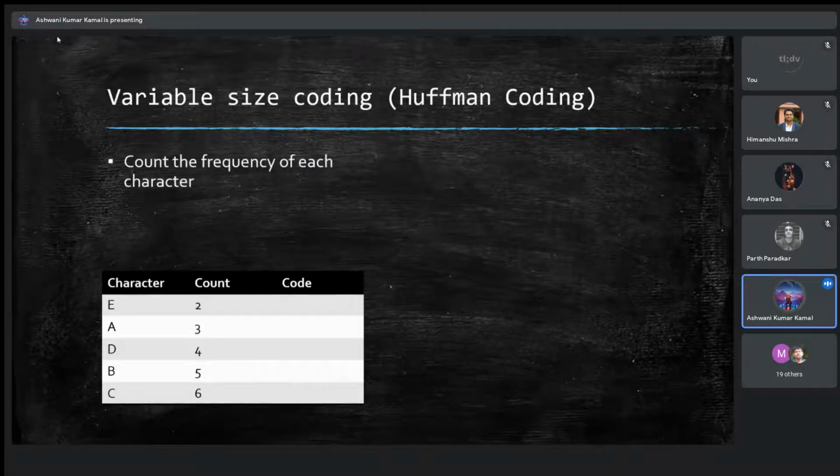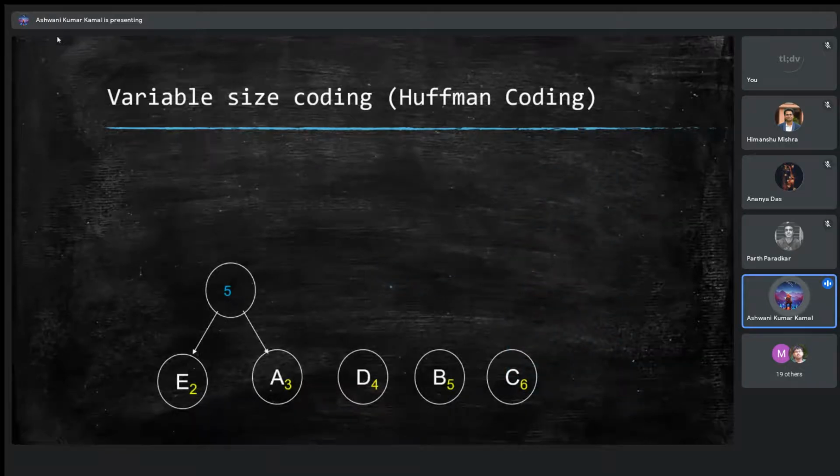So what we'll be doing is, I've written down a table in the increasing order of the frequency of the letters which were appearing in my original string. So E appeared 2 times, A appeared 3 times, D appeared 4 times, and so on. And now we'll be devising a strategy for assigning codes to these characters, and assigning them very carefully.